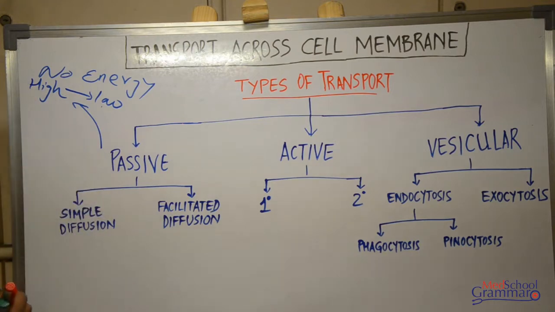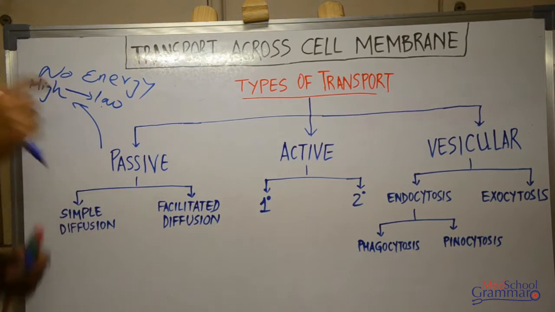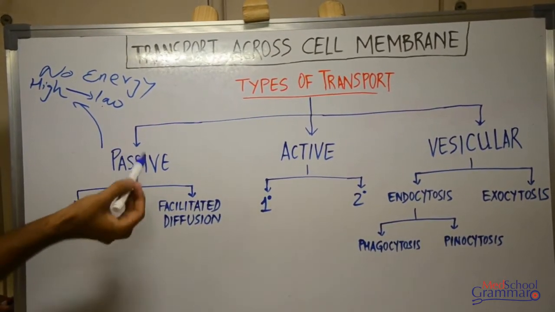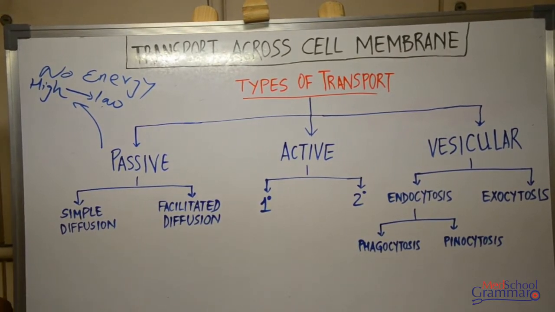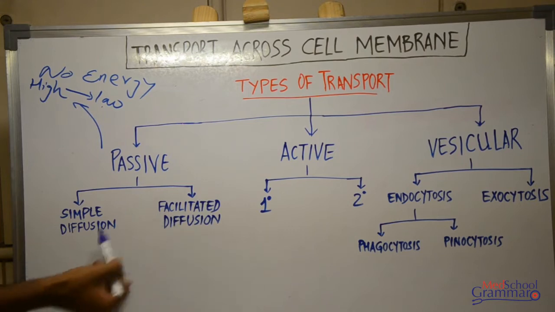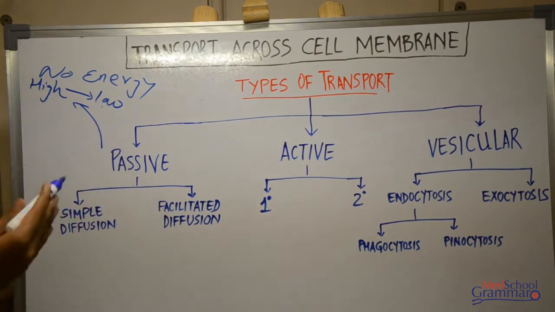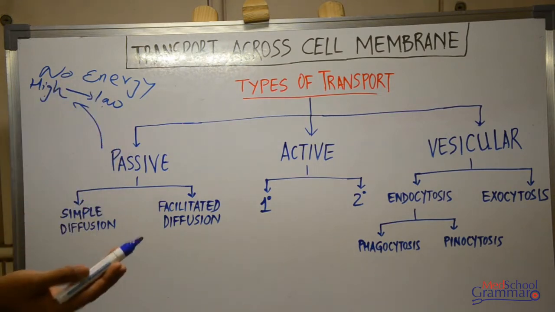These two characteristic features define the passive transport mechanisms. Passive transport mechanism is further of two types: simple diffusion and facilitated diffusion. So it's really obvious that both these, simple and facilitated, require no energy and movement of molecules takes place from a high to low concentration.